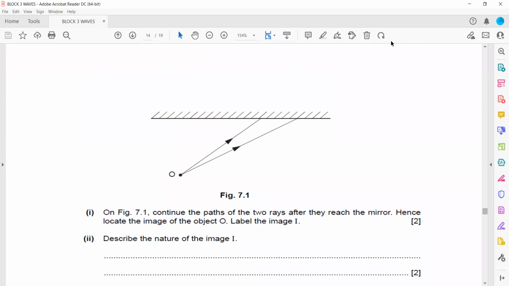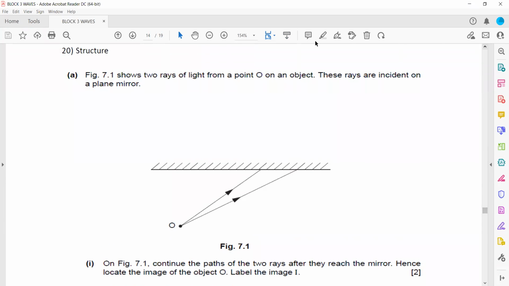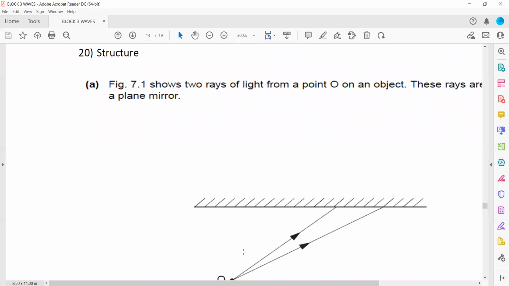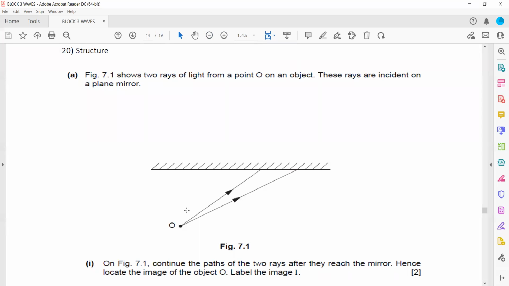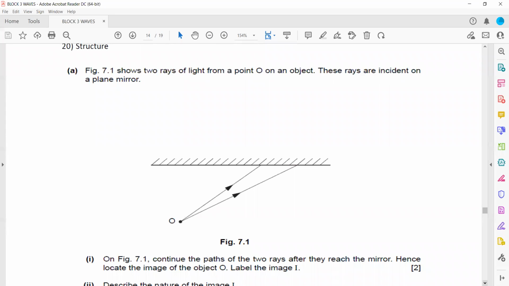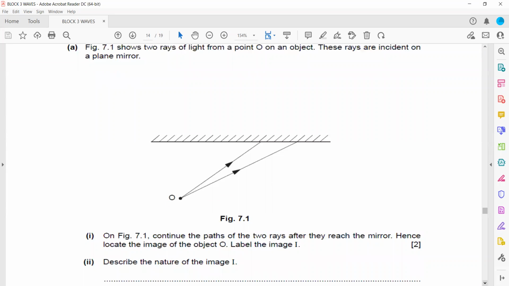Question 20. You have a plane mirror. Two rays are incident on the plane mirror at point O. What we have to do on the figure is continue the path of the two rays and hence locate the image of this object. So what happens? The light rays will bounce back. How do we locate the image?